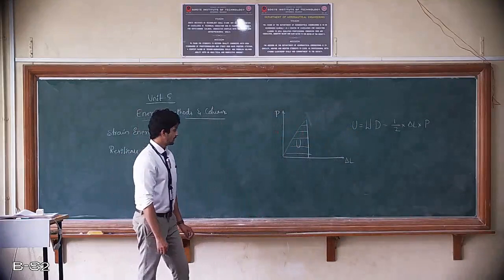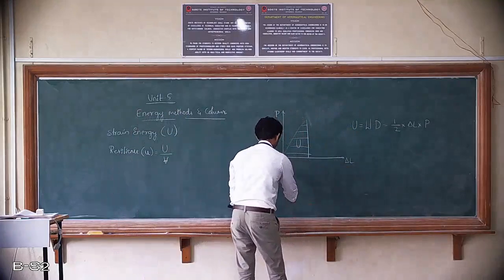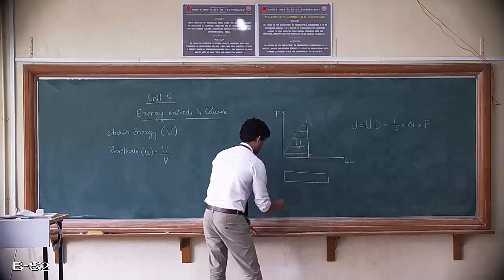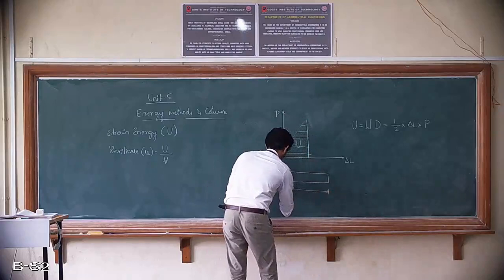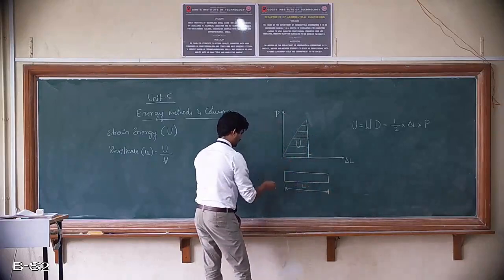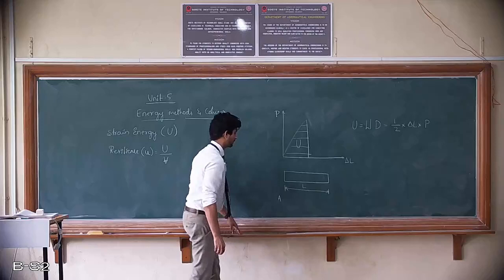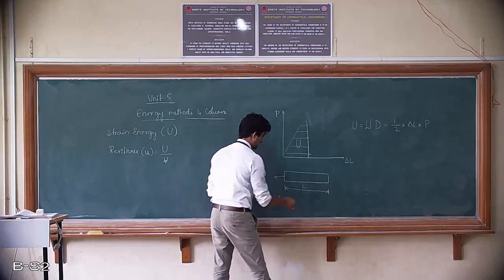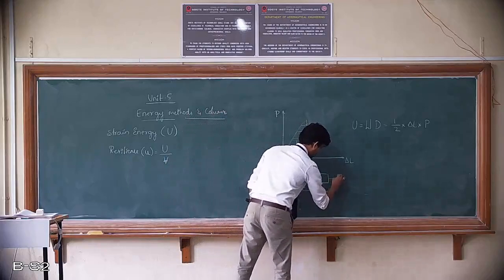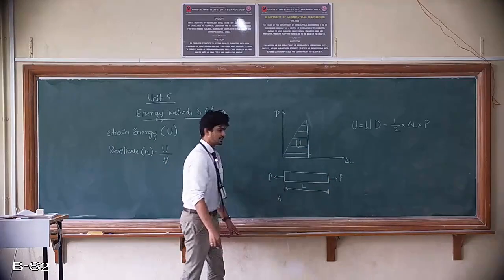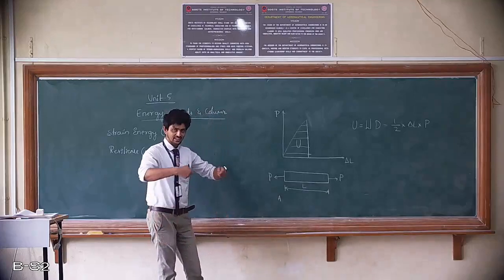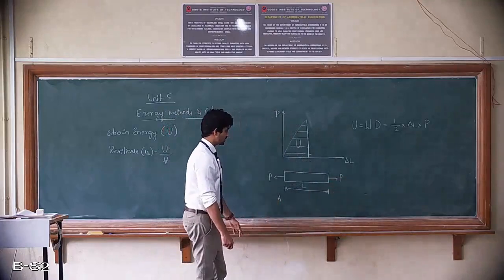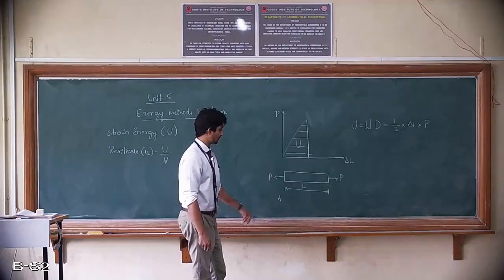Here I have considered delta L, which means consider a specimen of certain length and certain cross-sectional area, maybe A. Now when the load is applied in its axial direction, let the load be P. There is a tensile load, and that leads to tensile stress as well as strain, which means there is going to be a change in its length due to the application of a load.